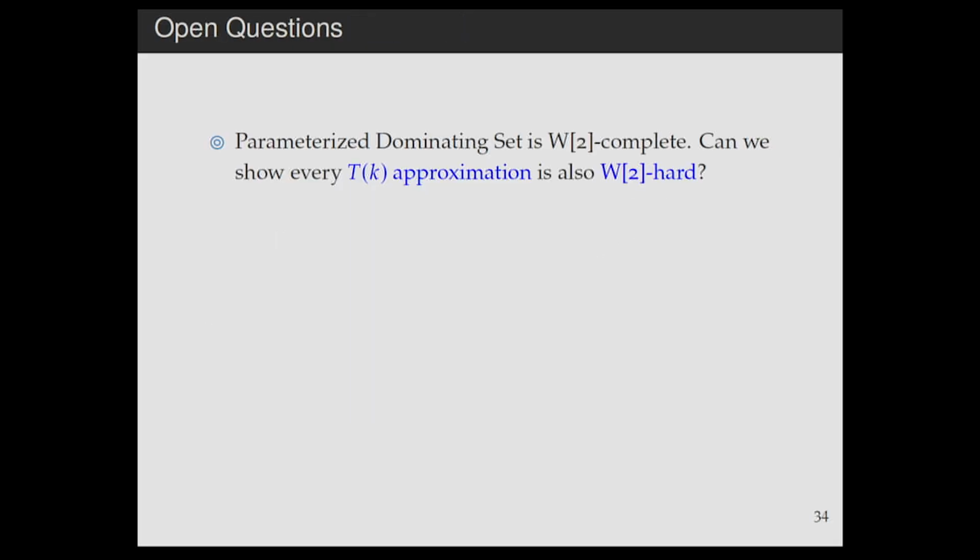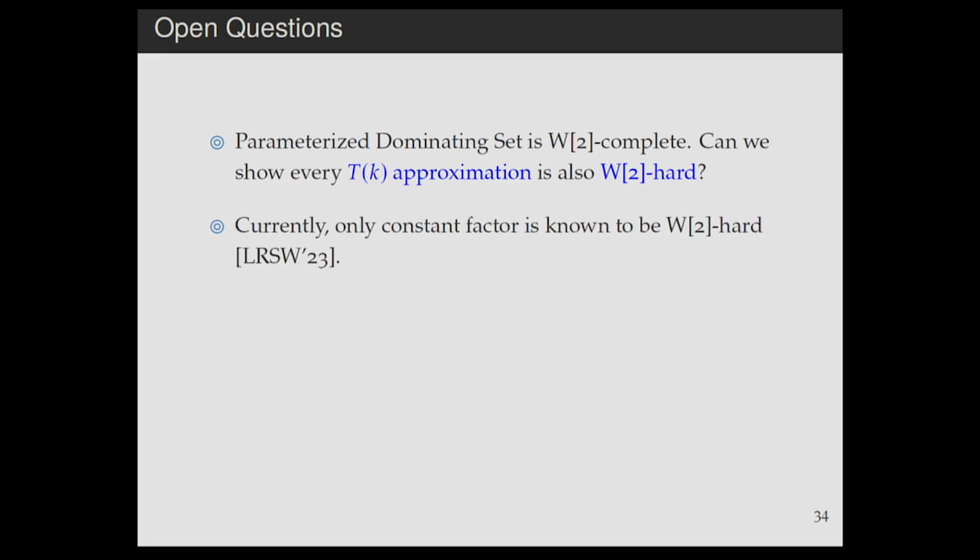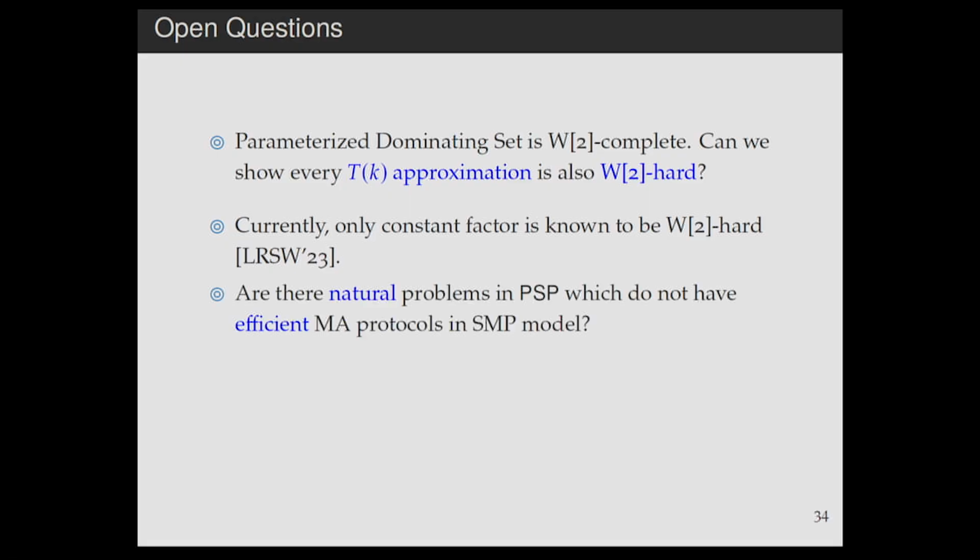There are still quite a few open problems that are left. There are some obvious ones, like you can ask, is dominating set totally inapproximable under W[2] hardness? As I said earlier, constant factor is known, but beyond constant factor is still not known. I think this is a more open-ended one, but are there natural product space problems for which the predicate doesn't have a good protocol?